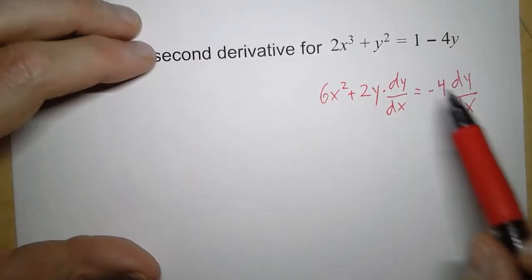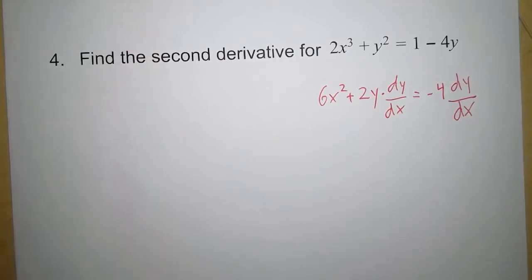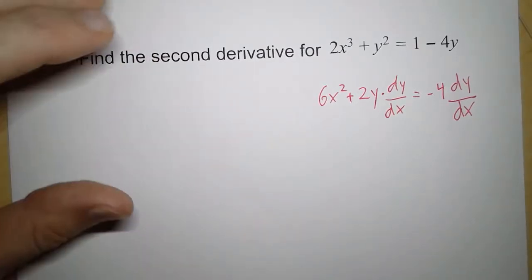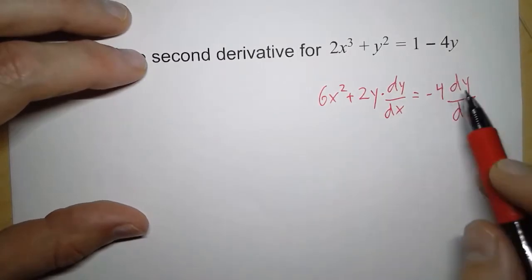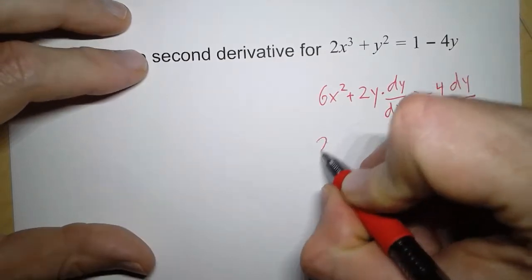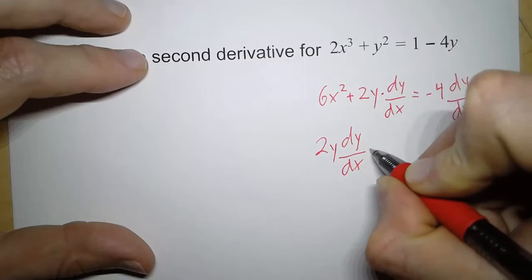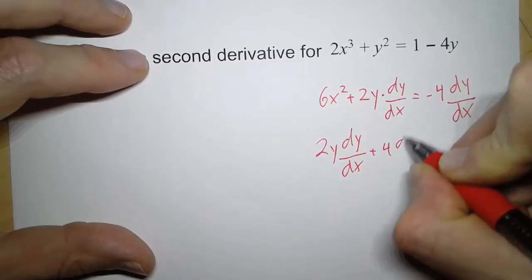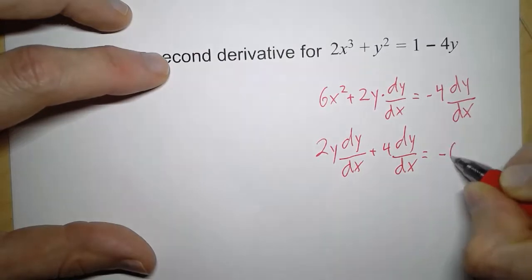So that means everything with dy dx needs to get on one side of the equation, and everything without dy dx goes on the other side. So I'll add the 4 dy dx over, and I'll subtract the 6x squared. So we have 2y dy dx plus 4 dy dx, and this equals negative 6x squared.